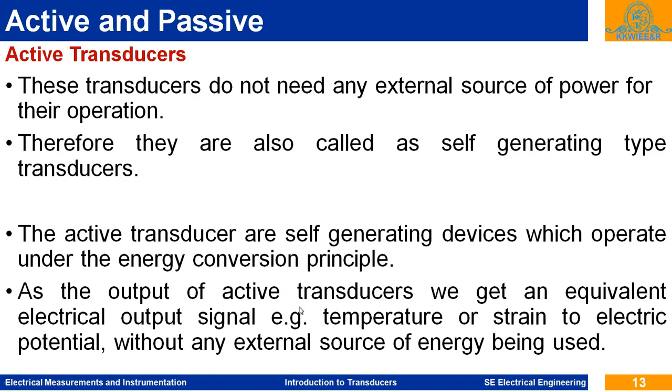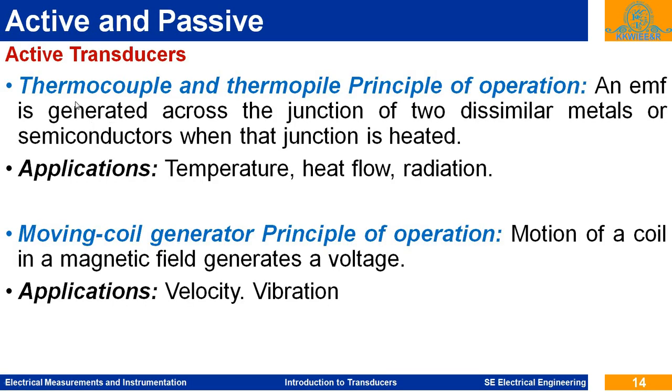As the output of active transducers, we get an equivalent electrical output signal. Example, temperature or strain to electric potential without any external source of energy being used. So thermocouple or thermopiles are the principle of operation. An EMF is generated across the junction of two dissimilar metals.